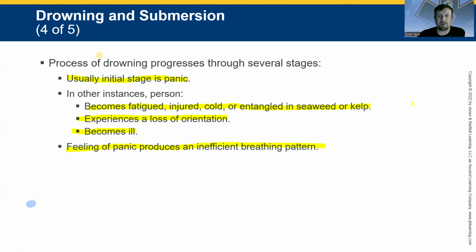You can't see. You're just thrashing around. That panic sets in. What happens when we panic is we either take a deep breath or we do come up, but we can't catch our breath because we are in a full-blown panic phase. So our breathing pattern is all screwed up.